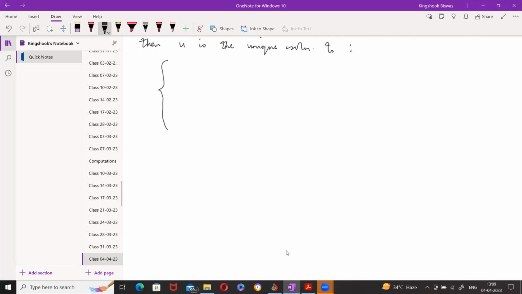So u is the unique solution to the heat equation, ∂u/∂t equal to the Laplacian of u, and the limit as t tends to 0 of u(x,t) equals f(x) in M. Okay. So this heat kernel gives us the solutions of the heat equation. All right.